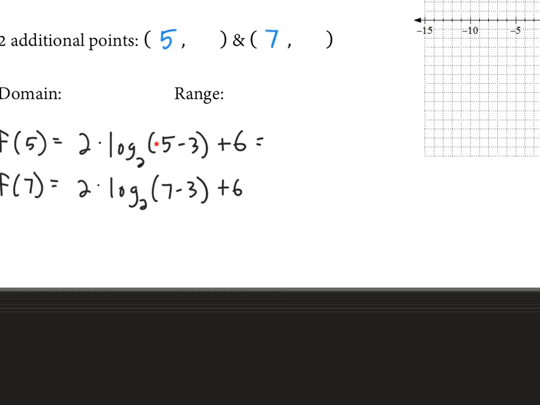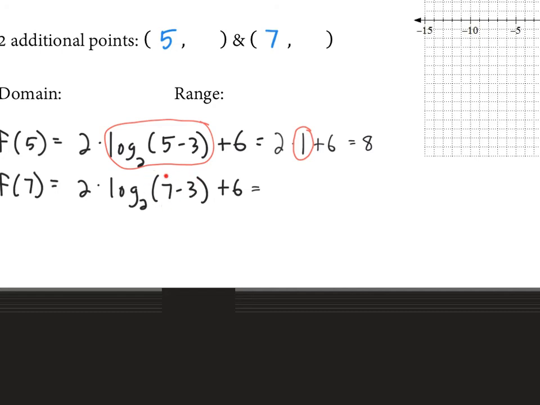Alright, so 5 minus 3 is 2, and then log base 2 of 2 is 1. So this just simplifies to 2 times 1 plus 6. Okay, just to see clearly, this whole thing is just 1. So everything else stayed the same. Okay, 2 times 1, so I have to do the multiplication first. 2 times 1 is 2, plus 6 is 8.